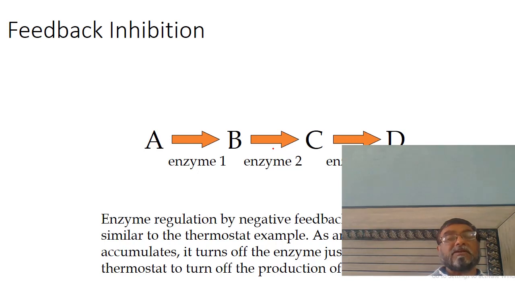The third type of regulation is the feedback inhibition process, in which some of the product of the reaction inhibits an enzyme. For example, if D is the product serving as an inhibitor for enzyme 1, then the working of enzyme 2 and enzyme 3 will be restricted.